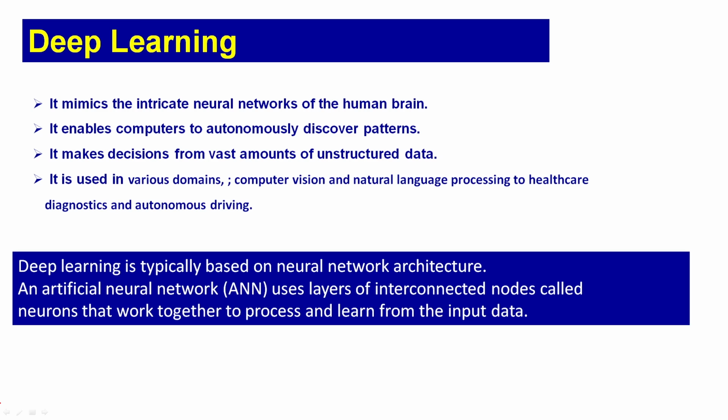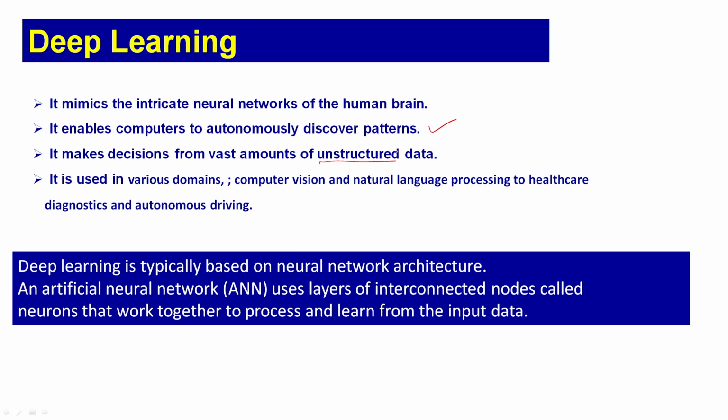Since it is based on neural network, it enables computers to automatically discover patterns, which is distinctly different from machine learning. In machine learning, sometimes you have to make the computer learn how to detect the underlying patterns, and only then can it predict. In deep learning, because of the utilization of neural networks, it can automatically discover patterns, and that is why it allows us to make decisions from a vast amount of unstructured data.